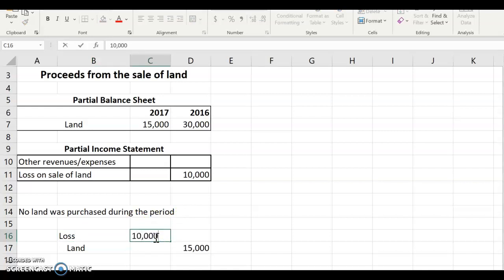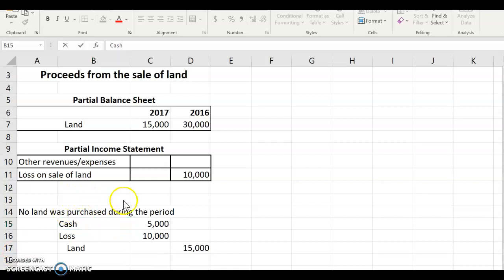And so the balancing entry needed to be 5,000 as a debit, and that must have been the cash we received for the sale of this land.